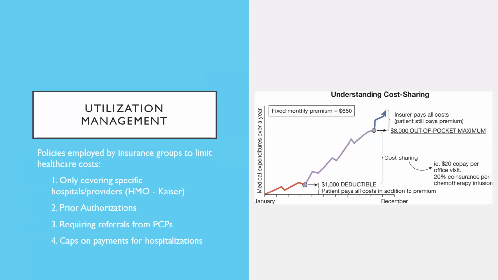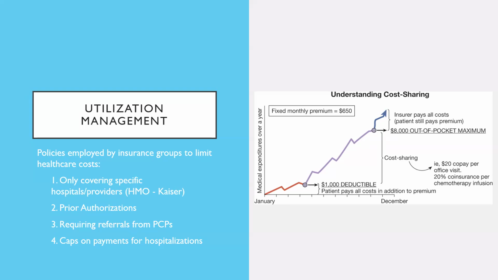Insurance uses a number of different utilization management tools to try to reduce their costs. These are things like requiring in-network providers, prior authorizations, which we're all familiar with. And then on the right is cost sharing. So we all probably have a vague understanding of how this works, but different insurance policies carry different deductibles and different copay amounts.